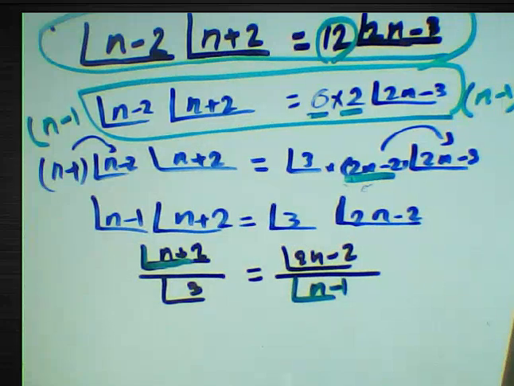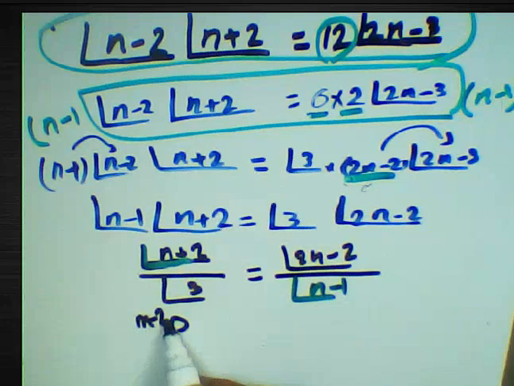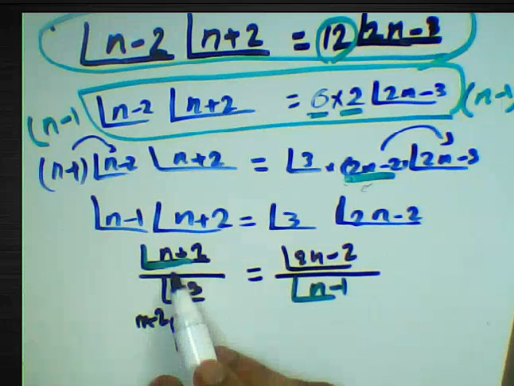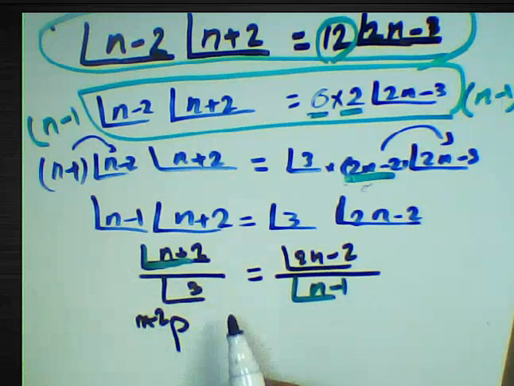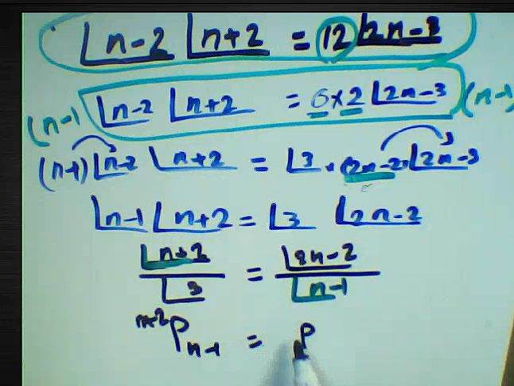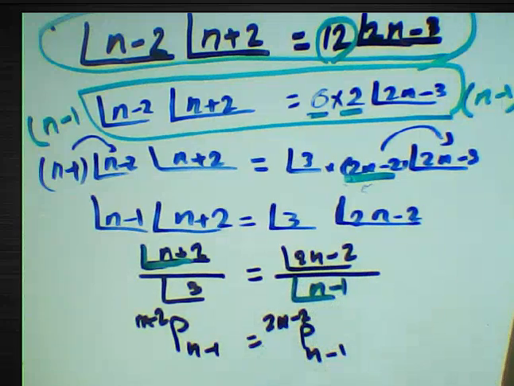to permutation. Factorial to permutation: write n plus 2 on the top, and down here the difference between them, n plus 2 minus 3, will be n minus 1. It will be equal to n minus 2 over the difference between them, n minus 2 plus 1, which equals n minus 1.